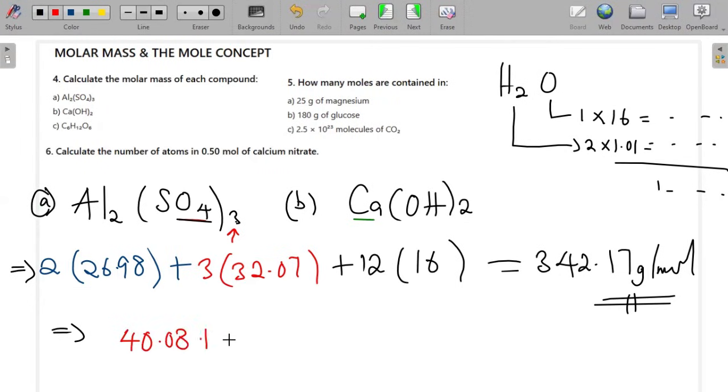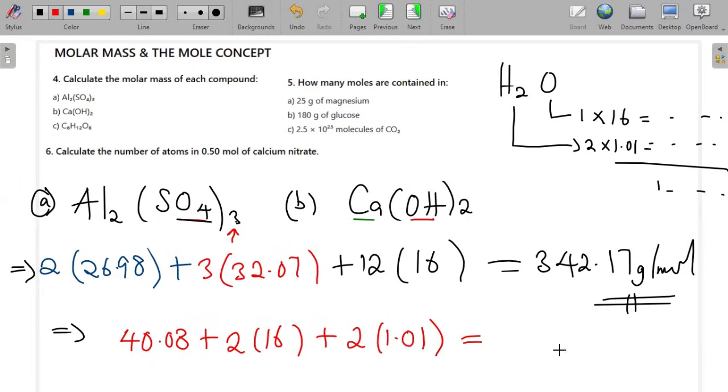So that will just be 40.08 plus, here I have oxygen and hydrogen inside these brackets, and then I got 2 outside. So the 2 is multiplying the oxygen and the hydrogen. So it means I have 2 multiplied by the oxygen plus 2 multiplied by the molar mass of the hydrogen. The hydrogen's molar mass is just 1.01 if you round it off to 2 decimal places.